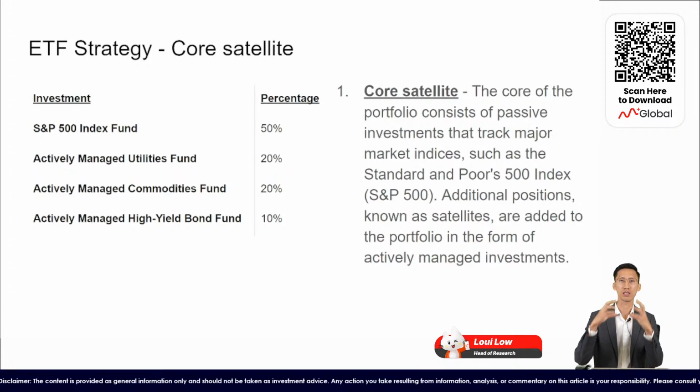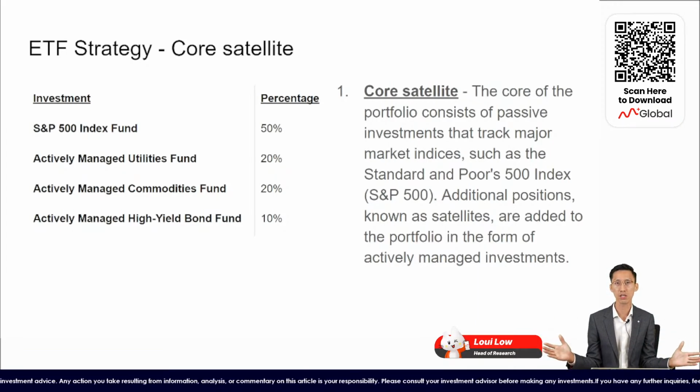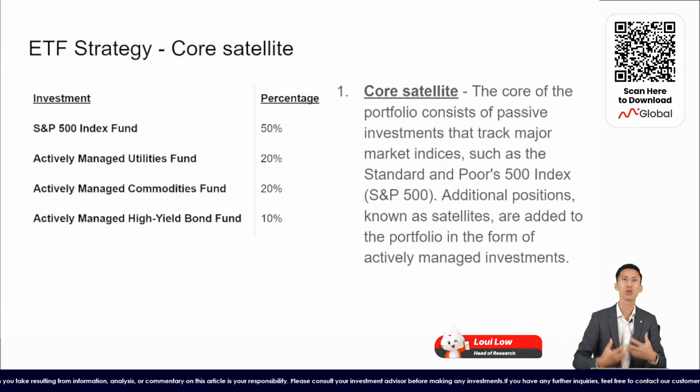He puts Apple as a core exposure in his portfolio, about 40% on Apple itself. Why doesn't he use equal weightage in his portfolio? He might have more views or more bias towards Apple, and therefore he puts more weightage on Apple.